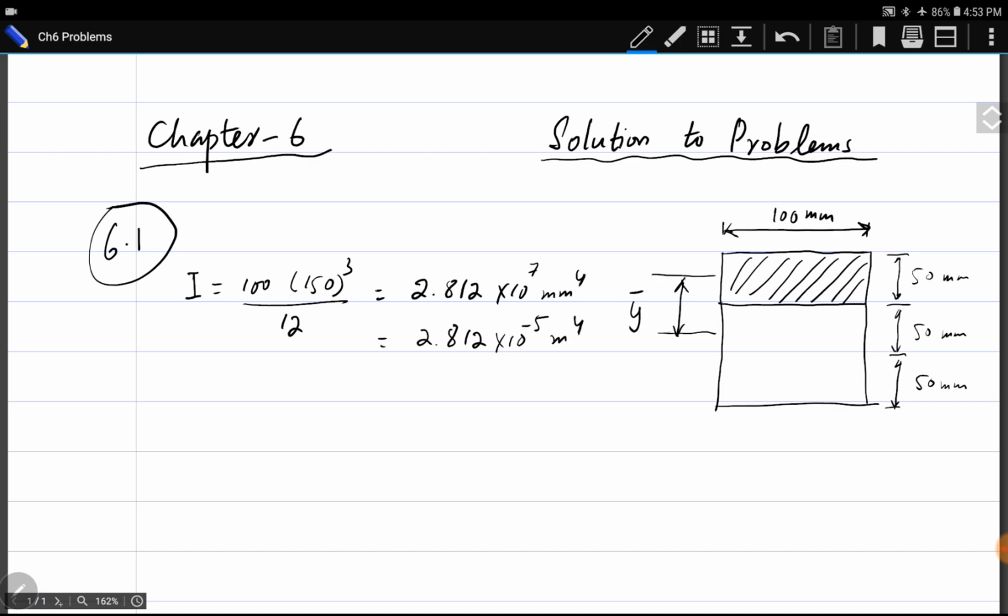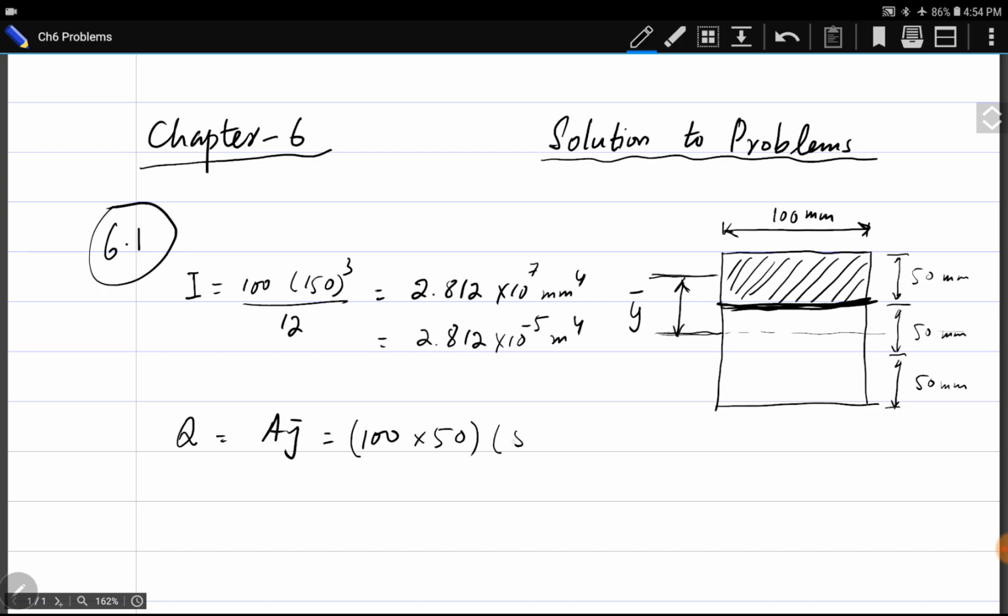To find Q, Q is equal to A y dash. A is the area of this highlighted cross section. Because the horizontal shear force exists on this interface, the area above this horizontal interface is 100 into 50, and y dash is the distance between the centroid of the total cross section and the centroid of this area.